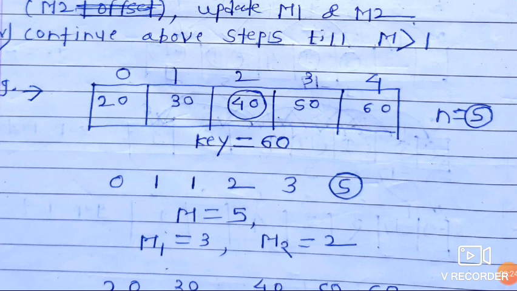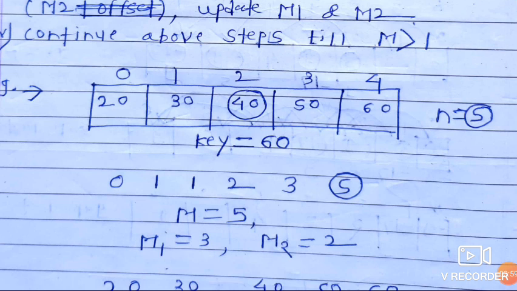Once we accept the key element, we generate the Fibonacci series up to some extent. Once we generate it, we calculate number m from the Fibonacci series, which is the value immediately greater than or equal to n. n is the number of elements in the given array.